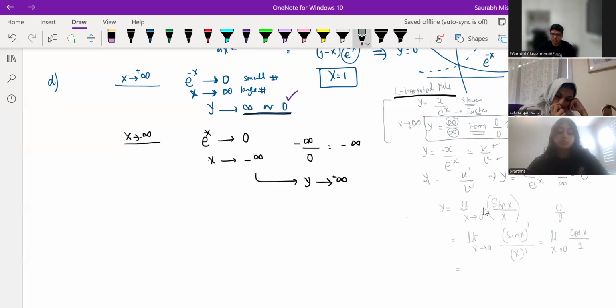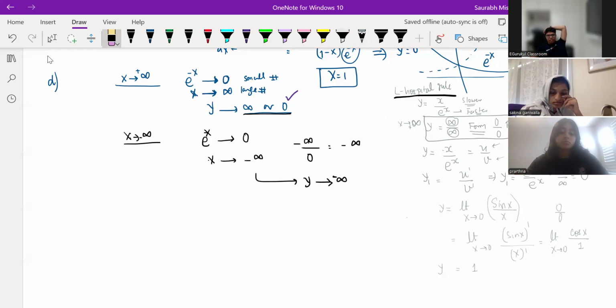So limit x tending to 0 of cos 0 is 1, right? So this will tend to 1, which you would never have thought. So sine x divided by x when x tends to 0 is actually 1. Clear, both of you? So this is the way the L'Hospital rule works.